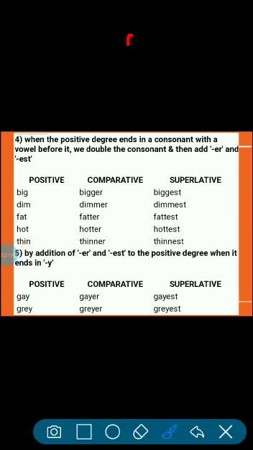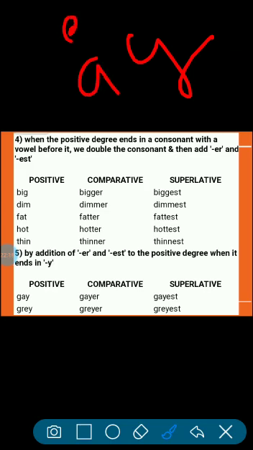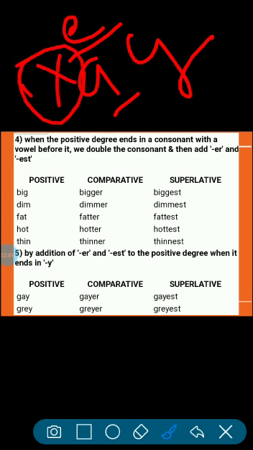We find Y at the last, but there is a word with A and another word with E. So it is not a consonant, it's a vowel. So we have to use simple ER or EST. We have not to change Y into I. Understand it? No I, please. Okay? And why not? Because there is a vowel before Y. So gay, gayer, gayest, gray, grayer, grayest.